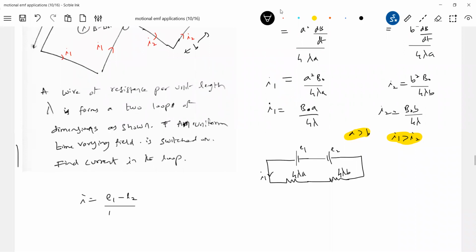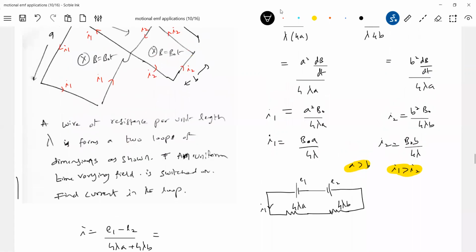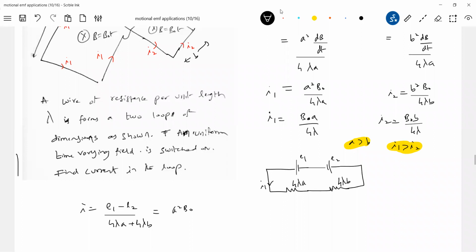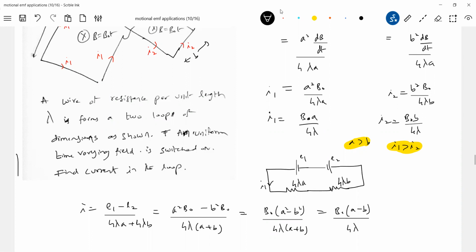E1 minus E2 over 4 lambda A plus 4 lambda B. E1 is A square B naught, E2 is B square B naught. So this should be equal to B naught (A square minus B square) by 4 lambda (A plus B), which is B naught (A minus B) by 4 lambda.